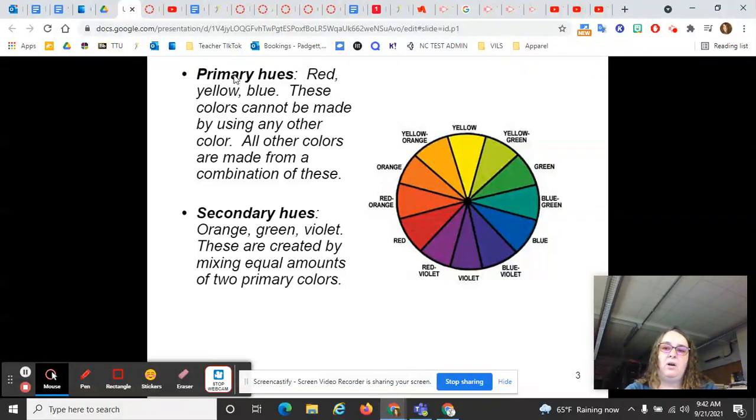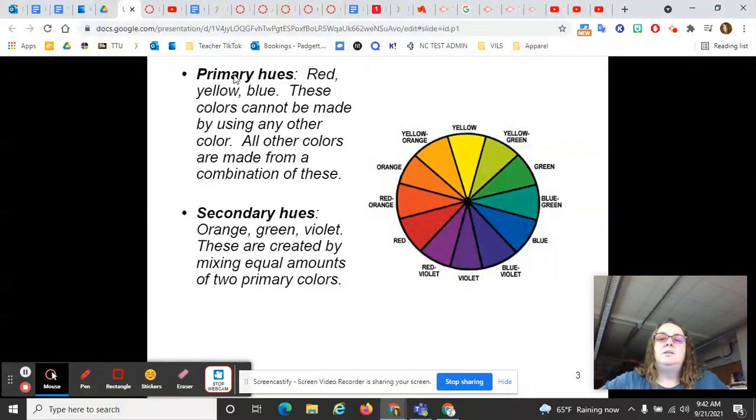It's not on here right now, but then we have what we call tertiary colors. And basically, it's like the next step. So you have primary, secondary, and tertiary. And what you do there is you're going to take your primary plus your secondary. So if I take yellow plus green, I'm going to get yellow green.